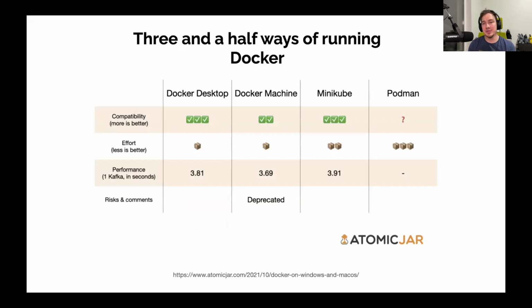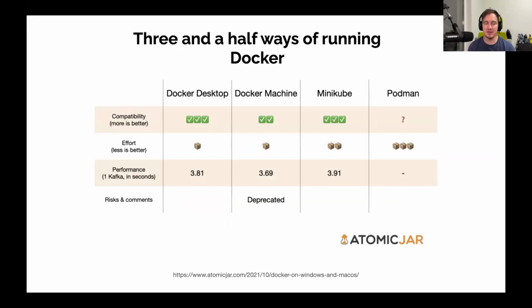And also, if you just want to run your things locally without any cloud offerings, we did a comparison of being able to run the Testcontainers Java test suite itself, right? So we used our tests to run with different ways of running Docker locally. And Docker, of course, is compatible.